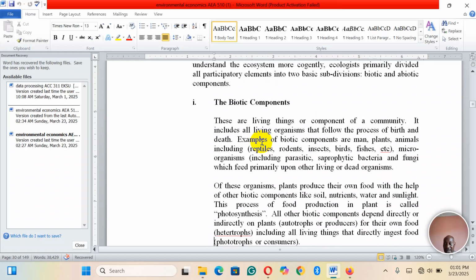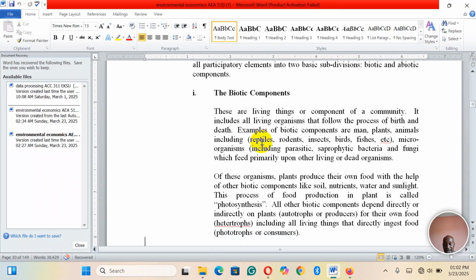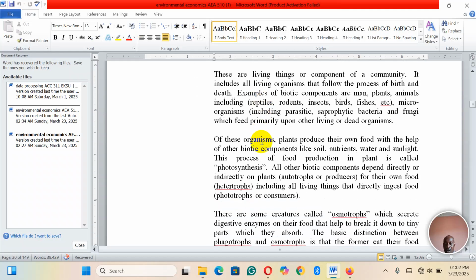Examples of biotic components are man, plants, and animals, including reptiles, rodents, insects, birds and fishes. Then microorganisms, including parasitic and saprophytic bacteria and fungi, which feed primarily upon other living or dead organisms. Of these organisms, plants produce their own food with the help of other abiotic components like soil, nutrients, water, and sunlight.